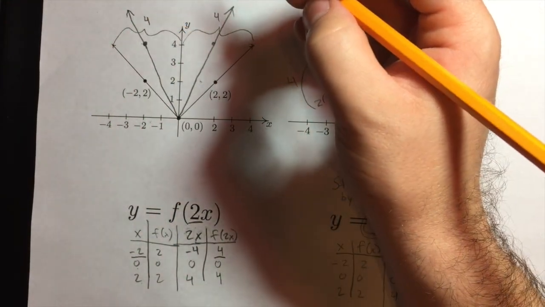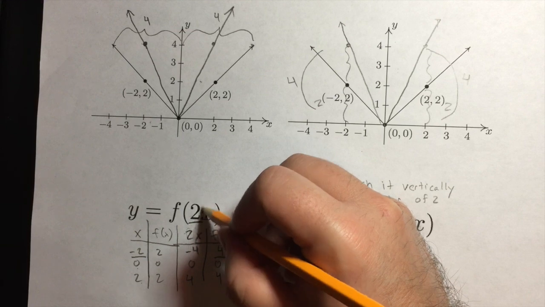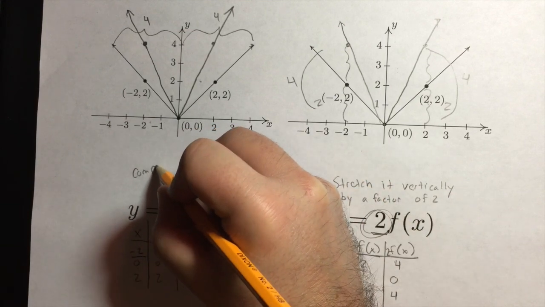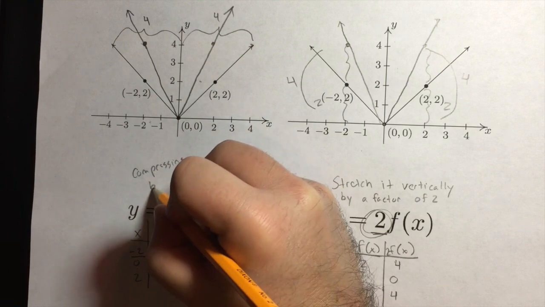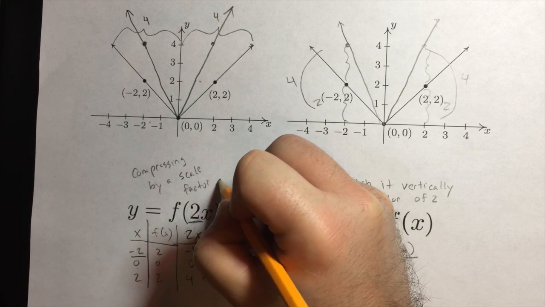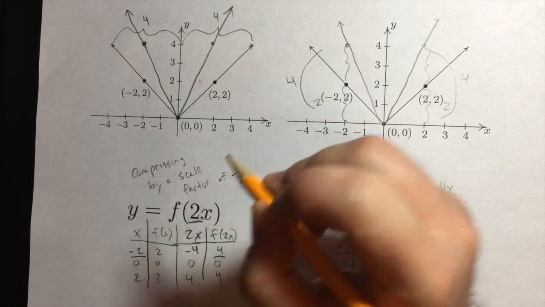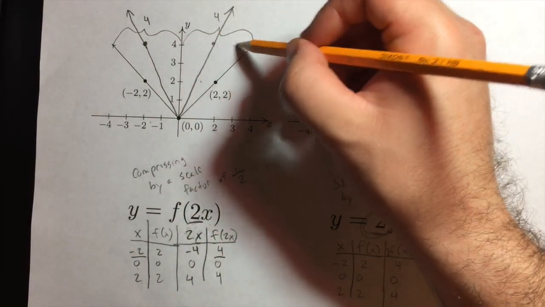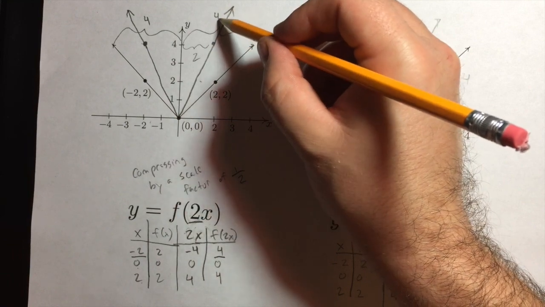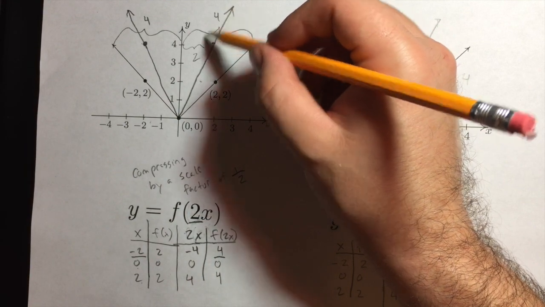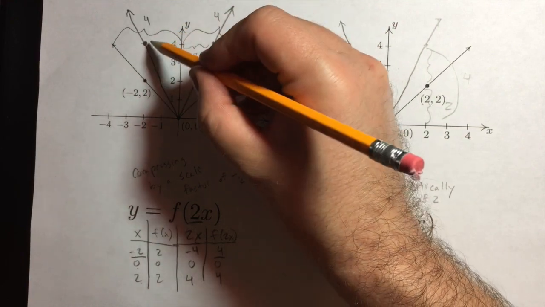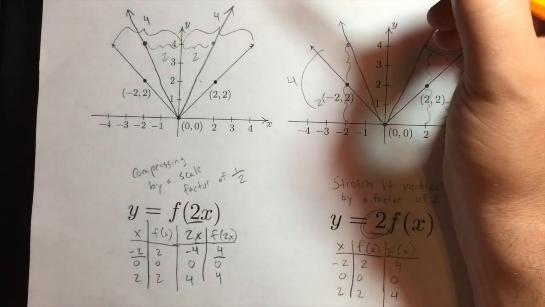Now, since the scale factor is 2, in parentheses, it's actually compressing by a scale factor of the opposite, 1/2. Well, is that what happened? The distance was 4. Now it's 2 away from the y-axis. Would you say that it multiplied the distance by 1/2? Well, 1/2 times 4 is 2. So if this distance is 4, half that distance would also be 2, and that's exactly what happened.